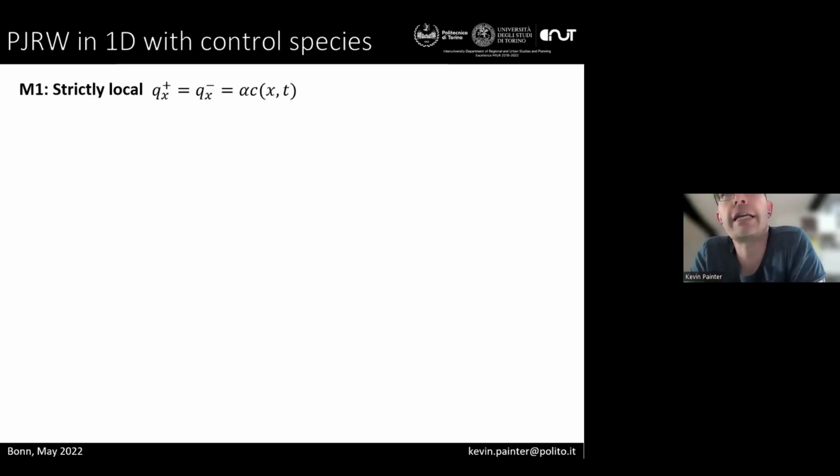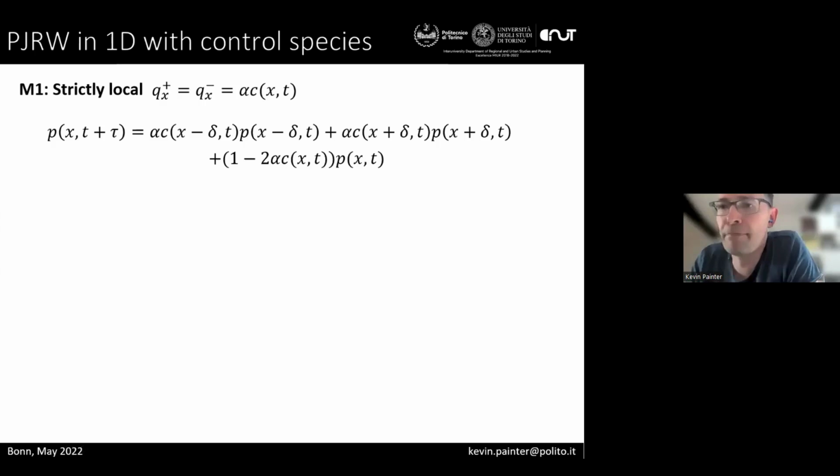So let's take the strictly local case. And again, we just assume the simplest possible one. We set Q plus X equal to Q minus X equal to alpha C. You do the same process, and I won't go through these calculations in detail. It's very standard Taylor expansions and then applying these various limits. You put that into your master equation. Of course, it now looks a little bit more complicated.